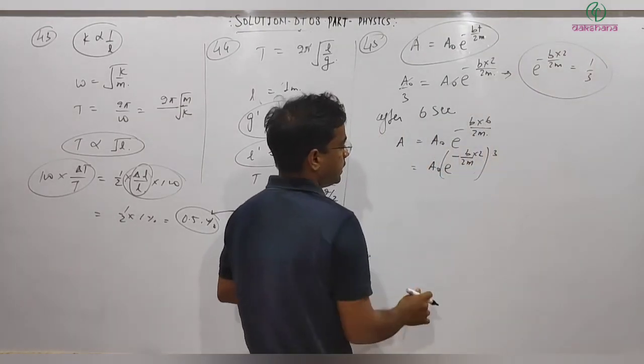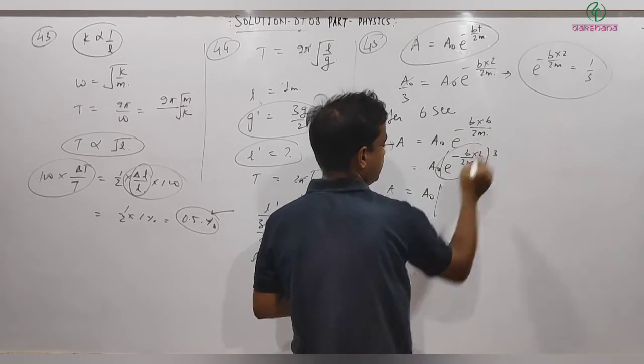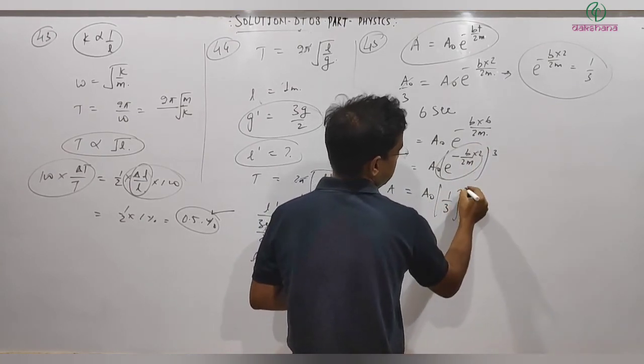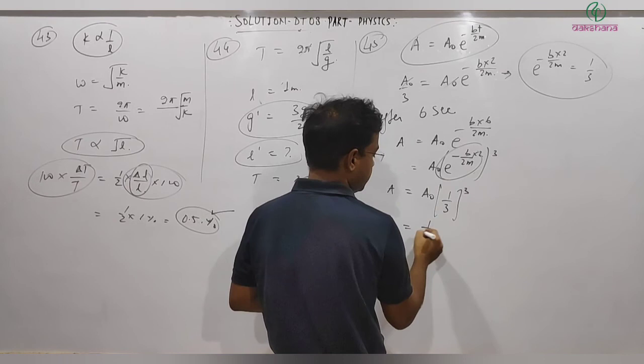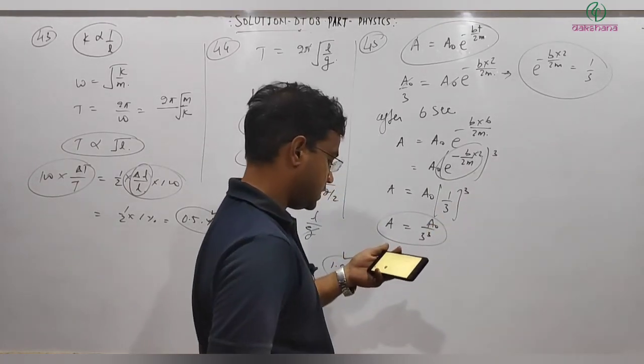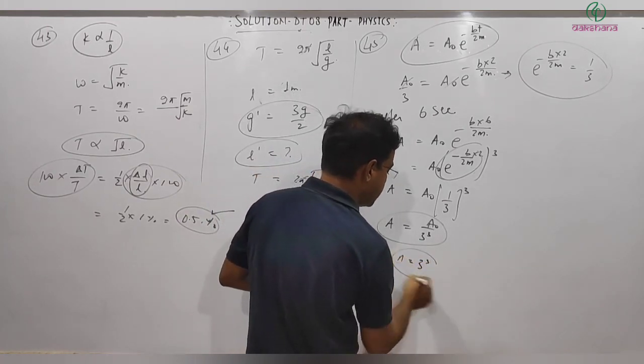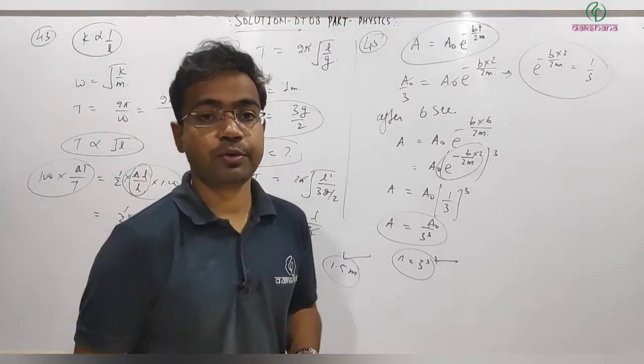Substituting it here, A is equal to A naught times 1 by 3 to the power 3, which is like 1 by n times A naught, so n comes out to be 3 to the power 3. This is the answer to problem number 45.